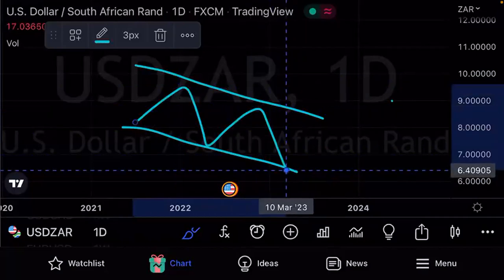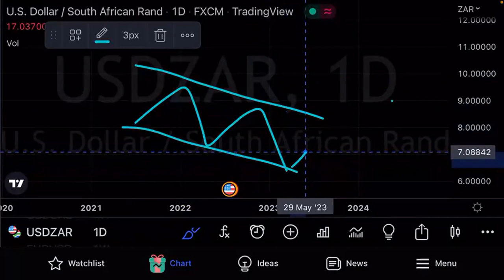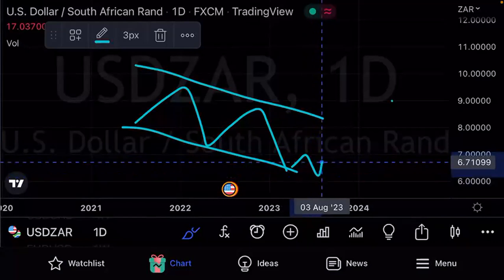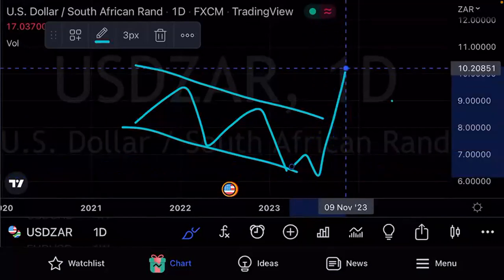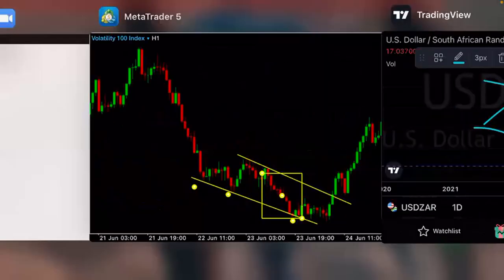If the third touch approaches impulsively, not correctively, we know that these guys have a tendency of pushing to the upside to fool people. Then they come, form a double bottom here, then push to the upside. So we are looking for this double bottom. You can see the double bottom here, and it's clear.